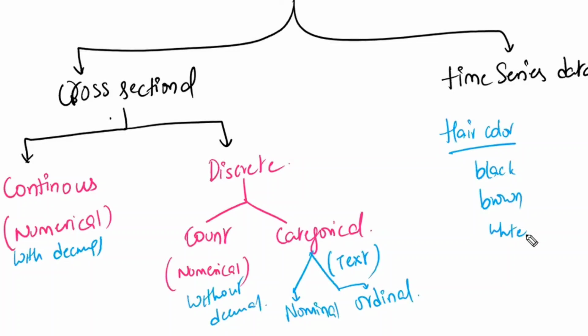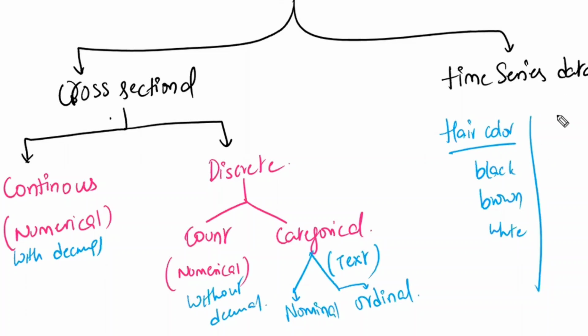Now, is white hair low compared to black, or is brown hair greater than black? Is there any rule like that? No fixed rule. If you feel so, that is from your perspective, your feeling, but there is no natural sequence. Natural sequence means by default for everyone it should be the same.